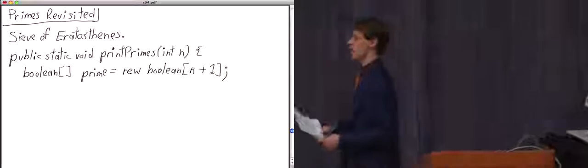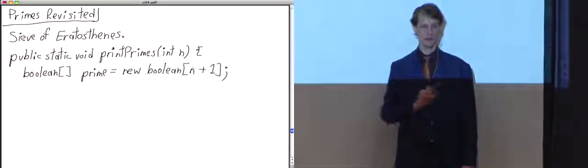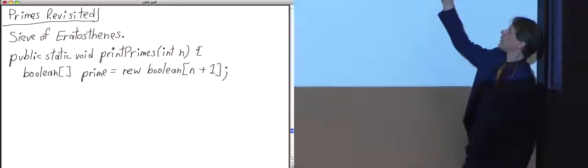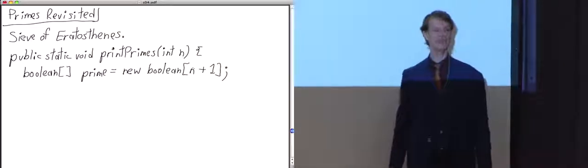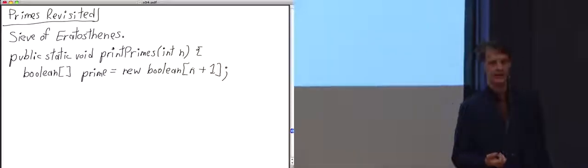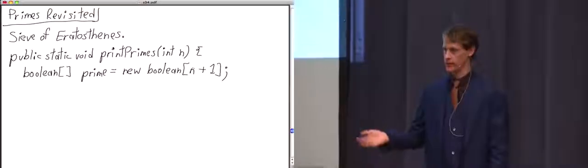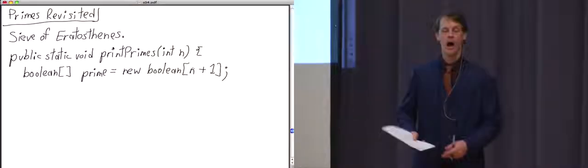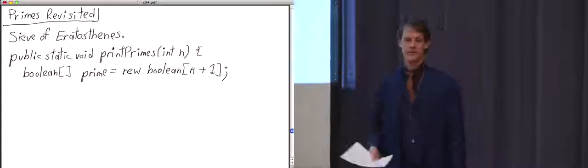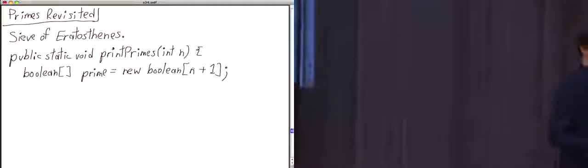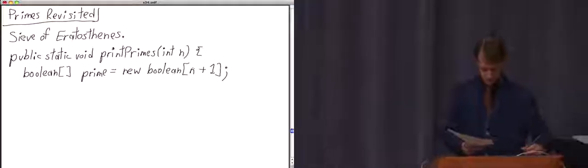The first thing this algorithm does is allocate an array of booleans, one for each number that I want to test. You'll notice that this is an array of n plus 1 booleans. That's because I want to have a boolean with index n. If I allocate an array of n booleans, they only go up to n minus 1. I want them to go up to n. I'm going to go with the policy that all integers are assumed prime until proven composite.